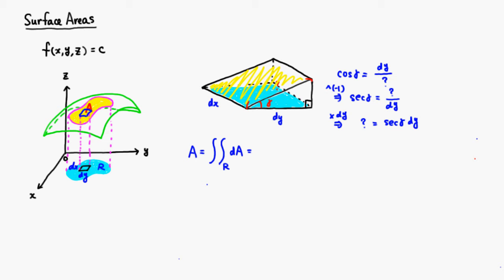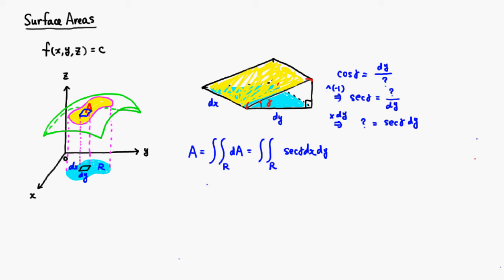So the area element is secant of gamma dy times dx, which gives us the area of this tilted part. If you can find this gamma at every single point, then we should be able to find this area. So the next question is, how do you find secant of gamma?